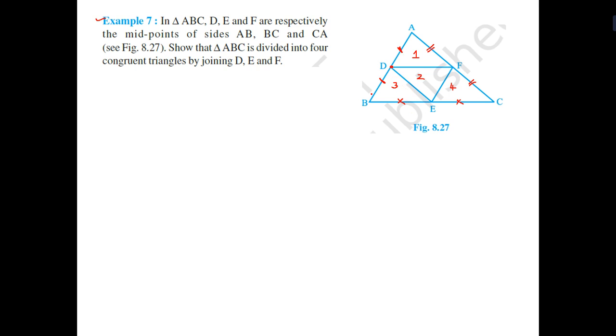So if you will see, there are three parallelograms we can generate, if you will see properly.